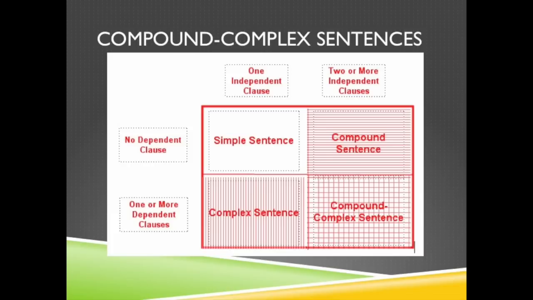On the bottom row, if a sentence has one independent clause and one or more dependent clauses, it is a complex sentence. Now, what we're going to be studying this week, in the bottom right corner, a compound complex sentence has two or more independent clauses and one or more dependent clauses. Let's look at some examples.